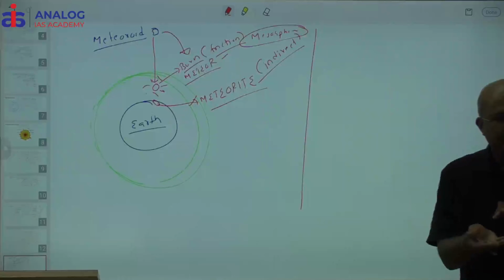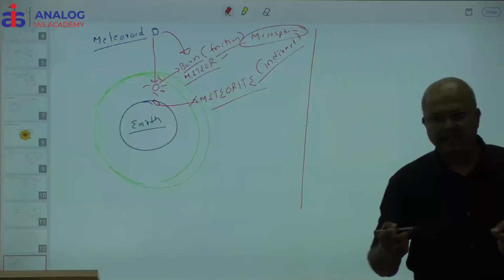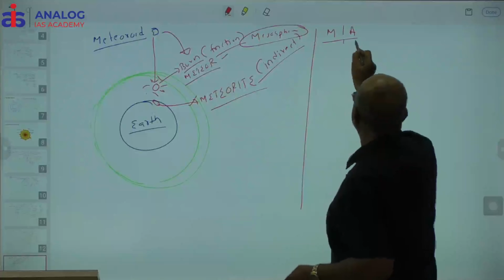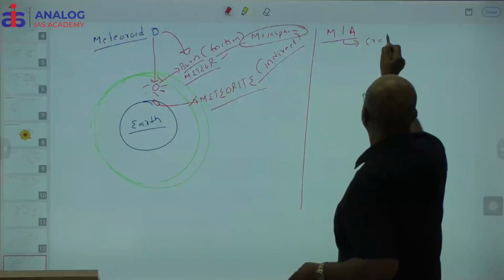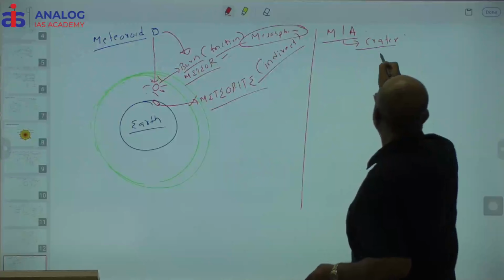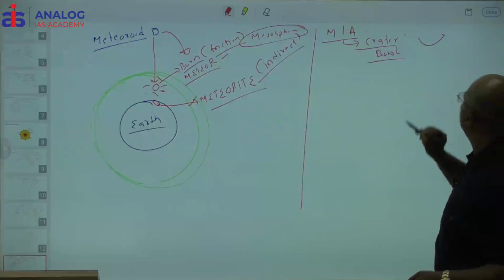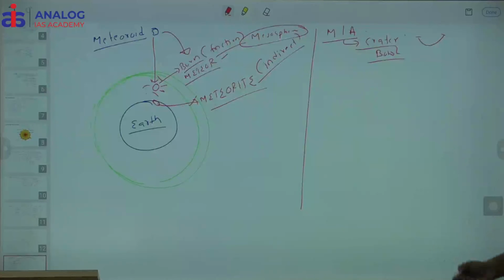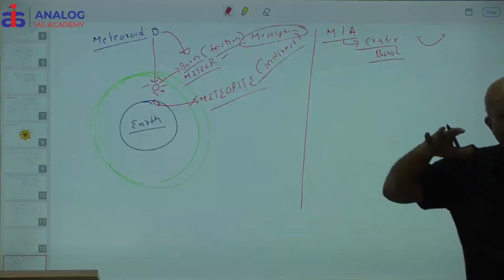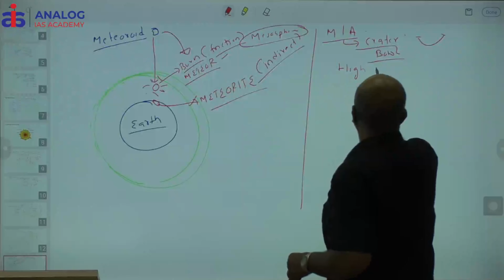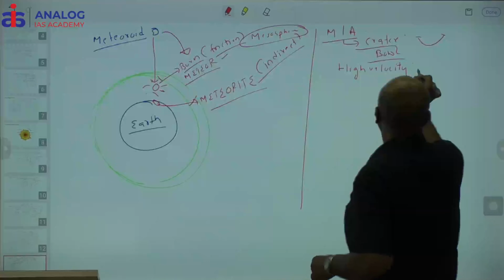And these bowl-like depressions are craters. And as they are created by asteroids and meteorites, we refer to them as high velocity impact craters.